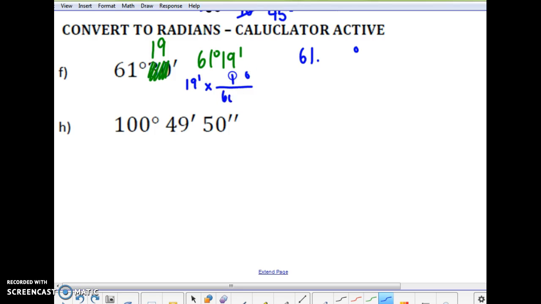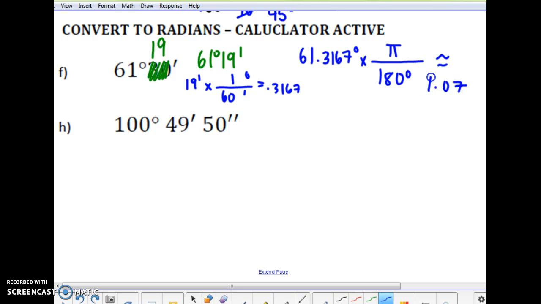So there's 1 degree every 60 minutes. So 19 divided by 60 gives me a grand total of 0.3167. Same conversion factor though. So we're going to take this lovely angle, multiply that by pi, and divide that by 180. And this is going to give me approximately 1.07 radians.